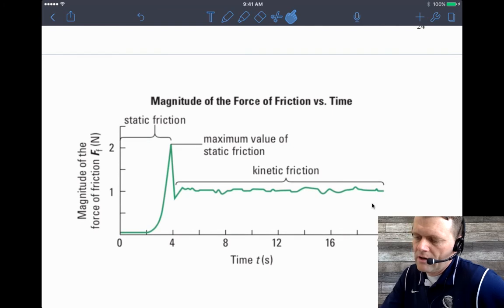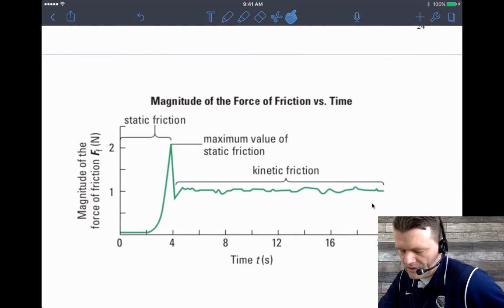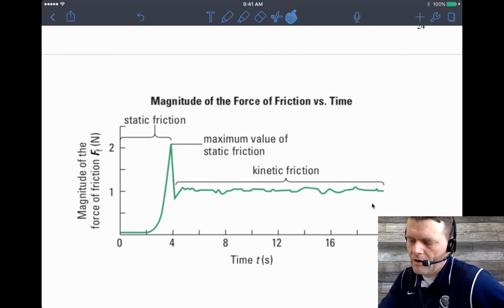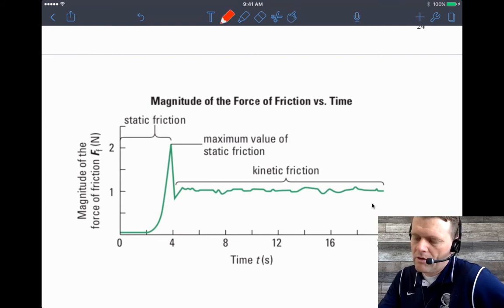This is, I guess, a graph of the amount of friction that a mass experiences as it's being pushed. And I want you to note here that initially, as we come up this curve right here, the amount of force is increasing, but nothing's moving.